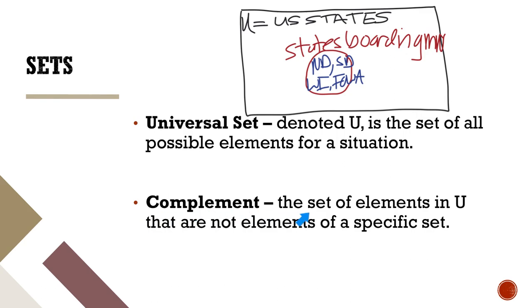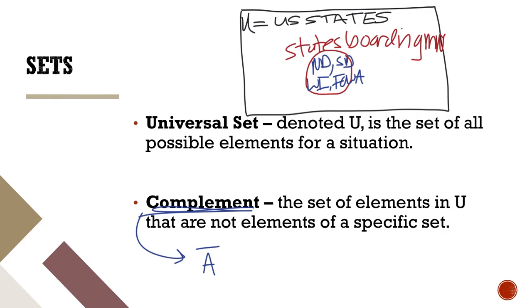Now the complement is the set of elements in U that are not elements of a particular set. We're going to be using A bar for complement. We could also see something else as A to the power of C or A prime, but we're using A bar. And this is actually going to be considered a subset.